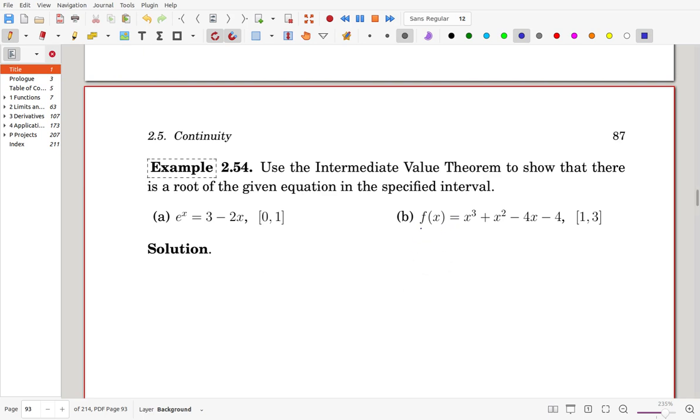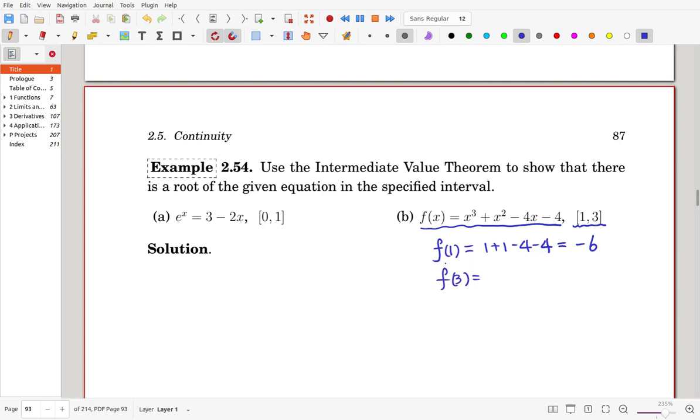Okay, the function is now continuous and defined on a closed interval. So let's start with, for example, f(1), which is 1 plus 1 minus 4 minus 4. Now how about f(3)?